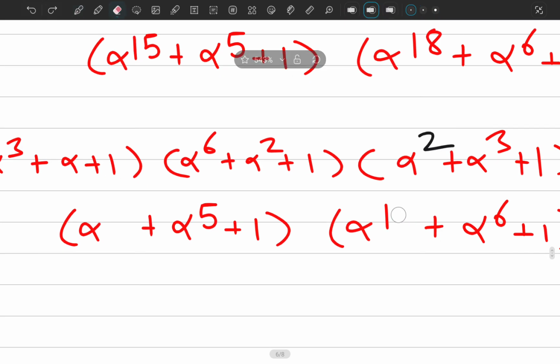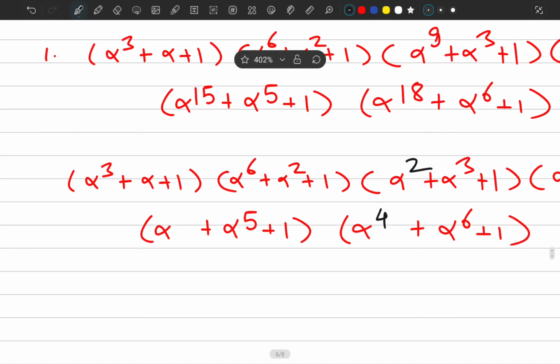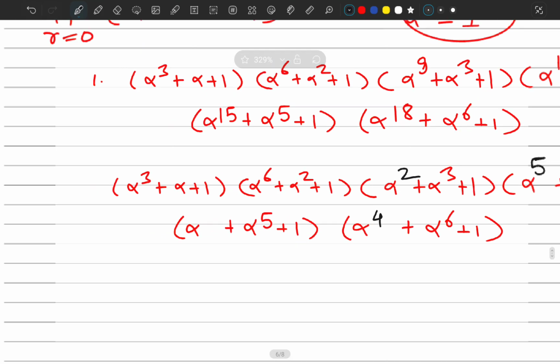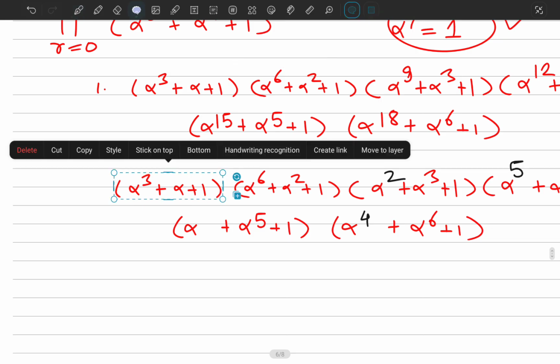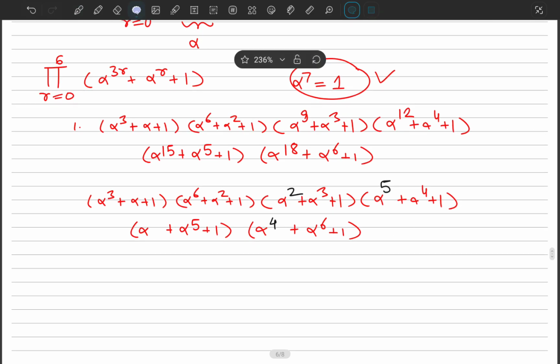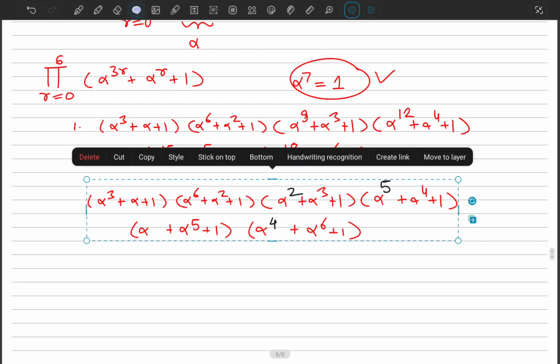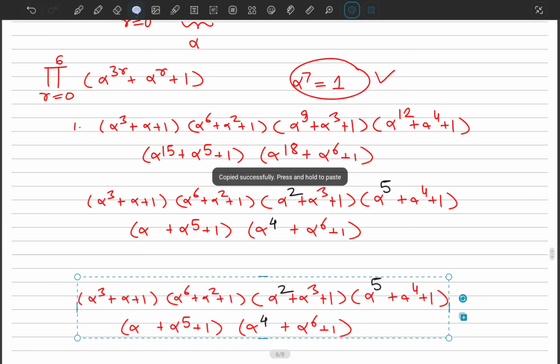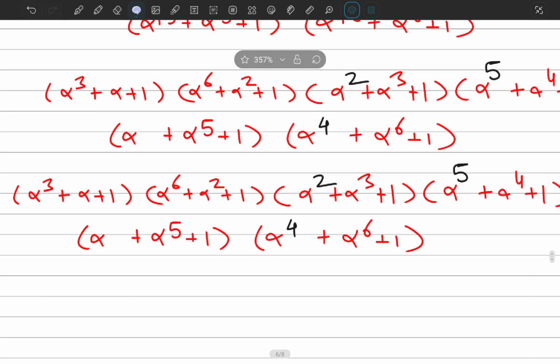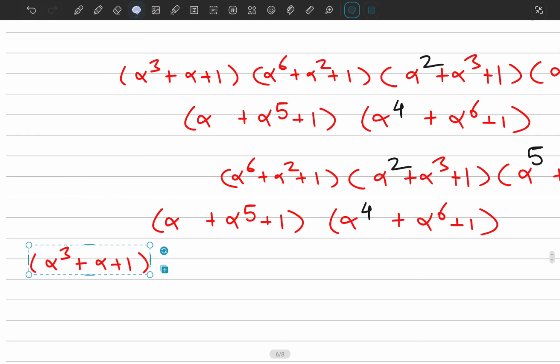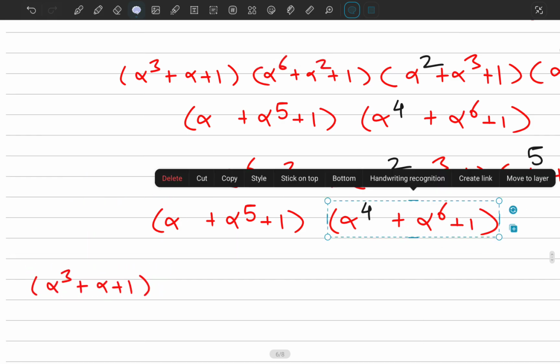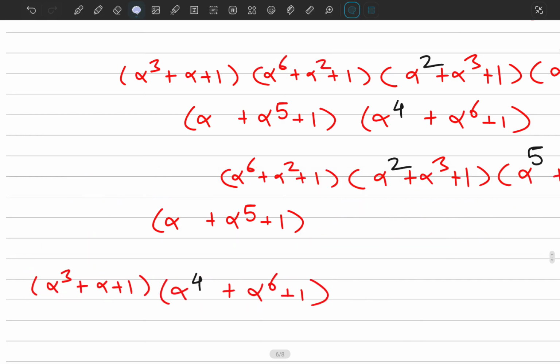We can write this as 4. Now I'm rearranging them in a certain fashion. Okay, copy, paste. I'm rearranging them in a fashion, if you can see.